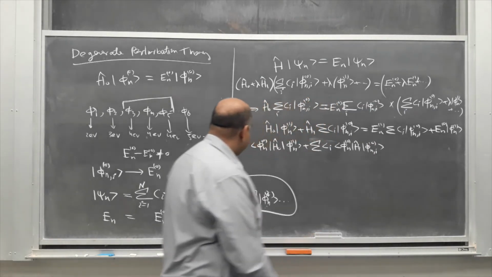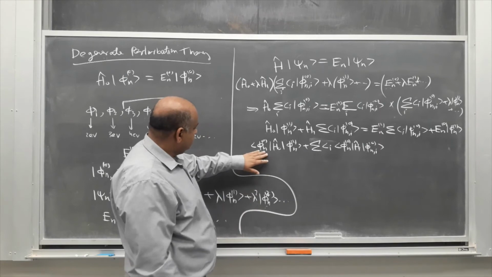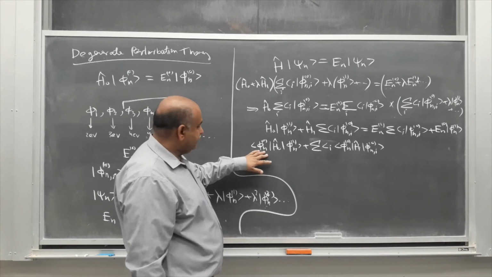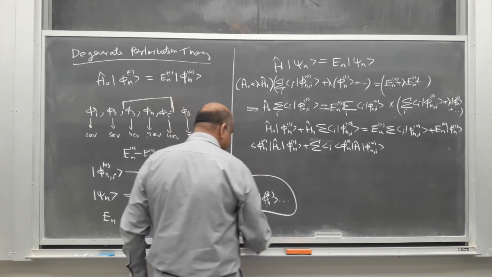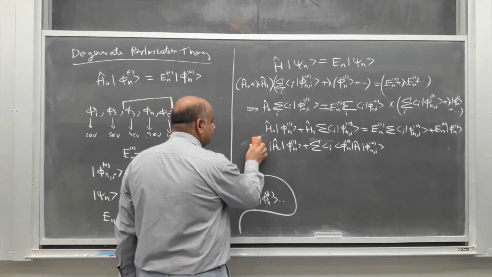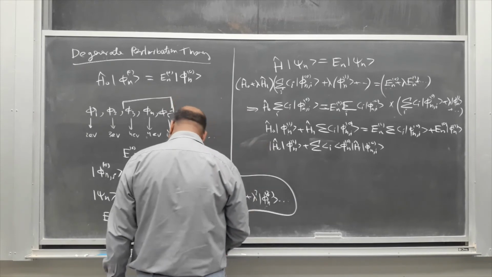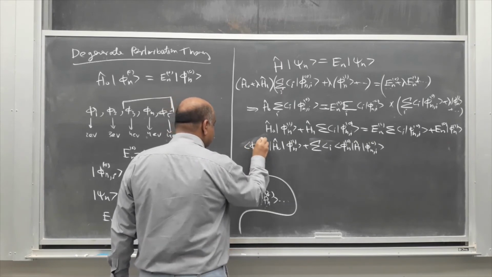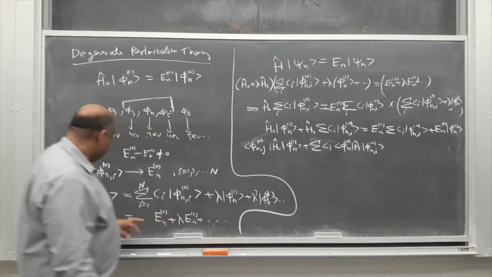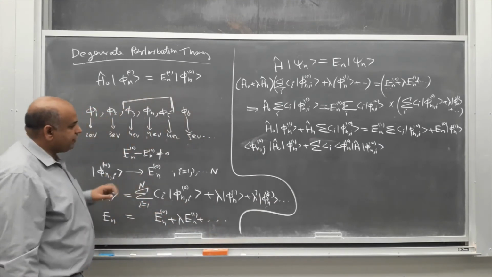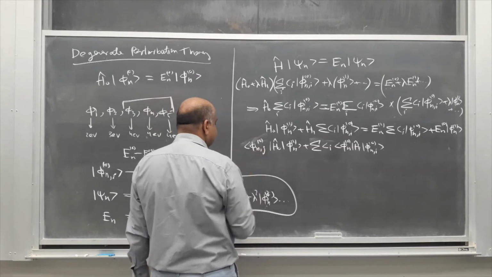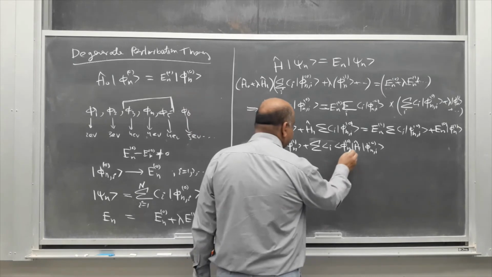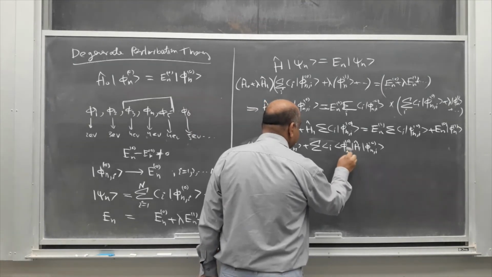And actually now instead of taking the dot product with phi n0, we should have taken with something like phi nj, because we have these new labels i for our eigenfunctions. So to make it different from this, let me take phi nj.